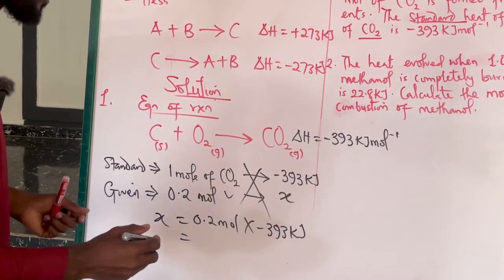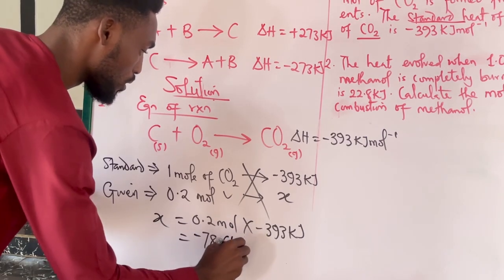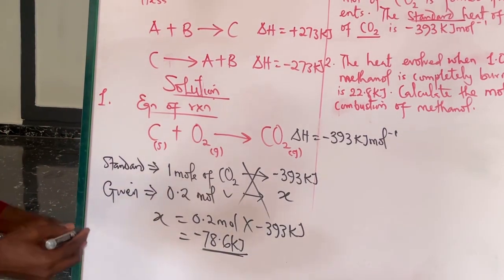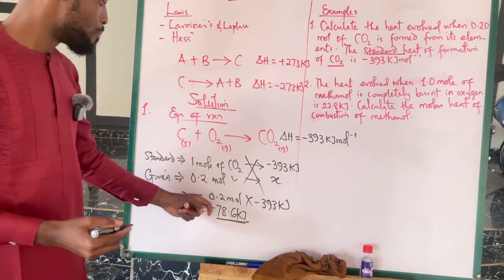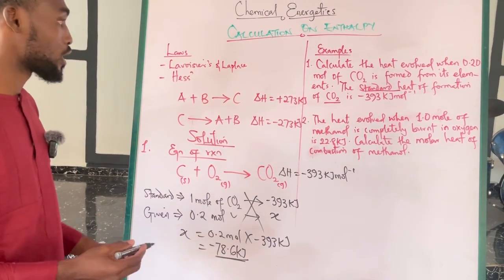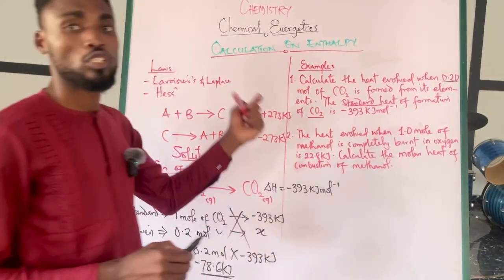We'll just get the answer. It therefore means that it will take minus 78.6 kilojoule to actually produce 0.2 mole of CO2.